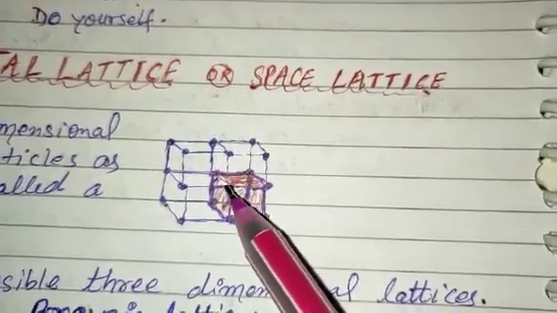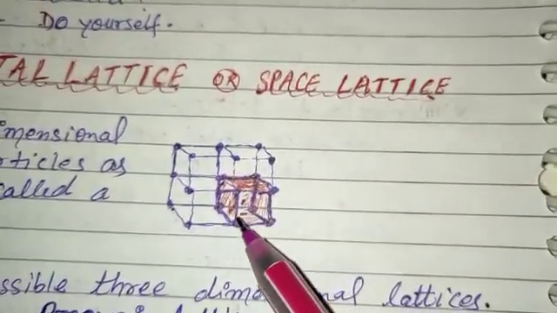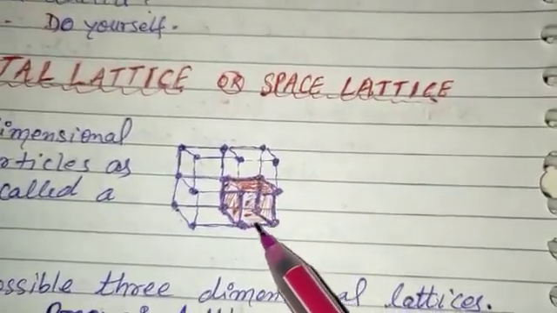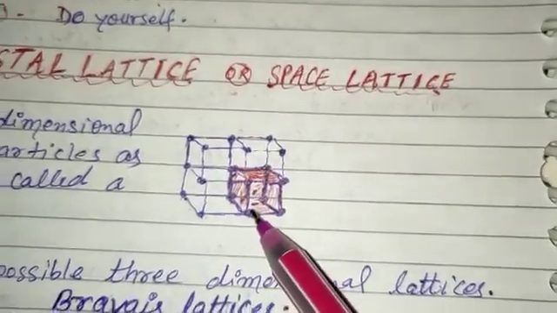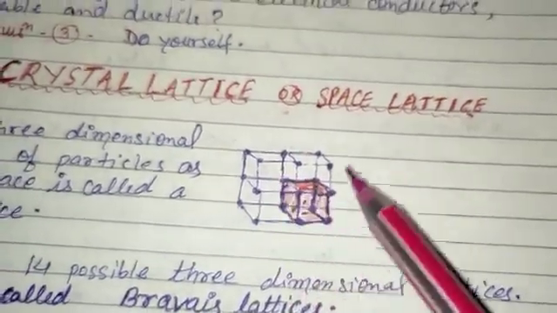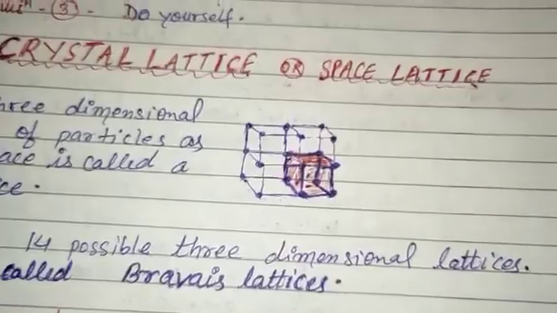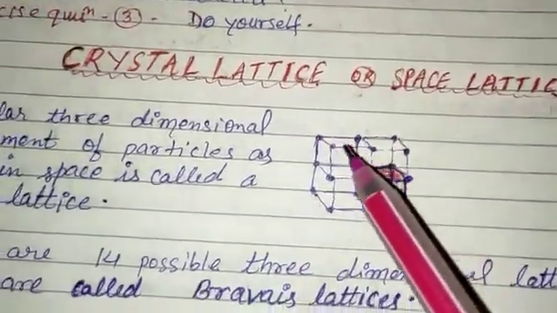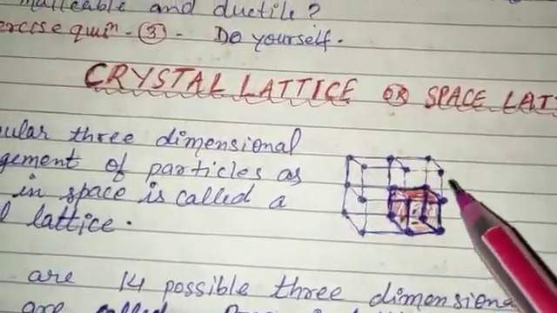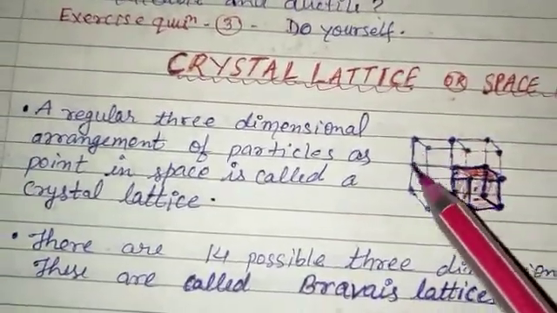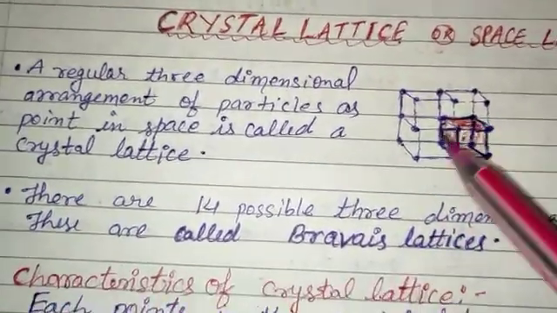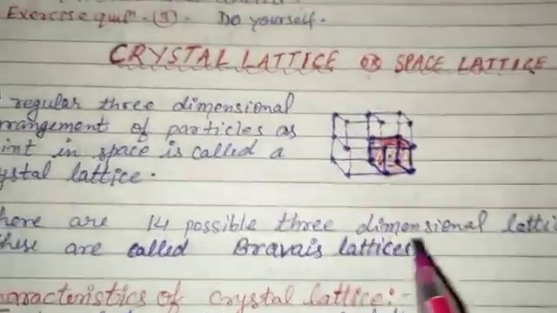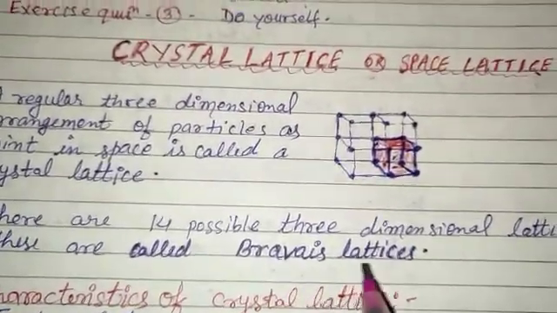This is the smallest repeating three-dimensional portion of the structure, and it is called the unit cell. This is the crystal system or crystal lattice. On the basis of the arrangement of the particles in the crystal lattice, there are 14 possible three-dimensional lattices. These lattices are called Bravais lattices.